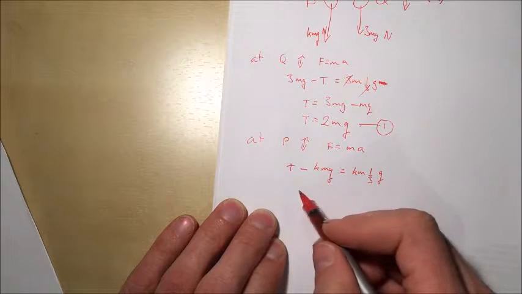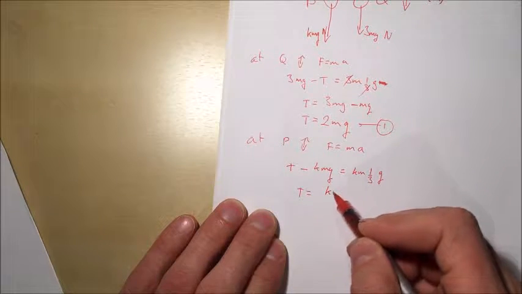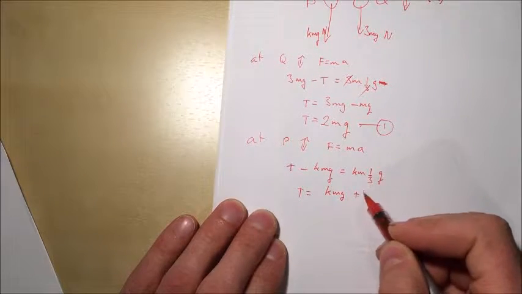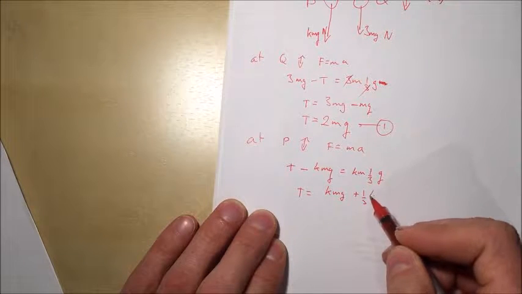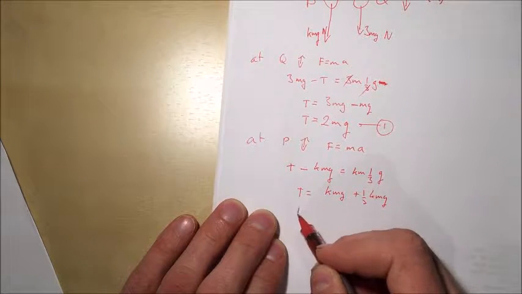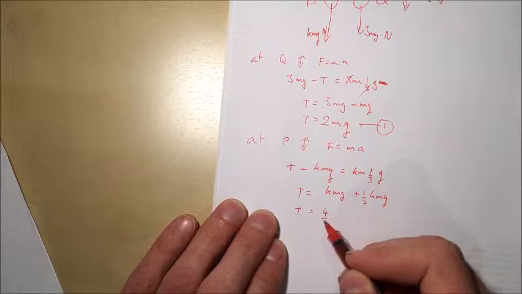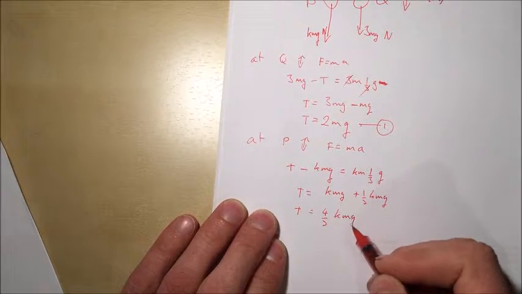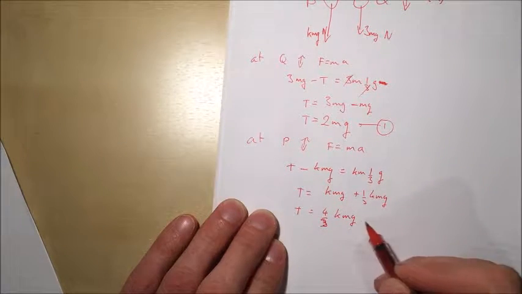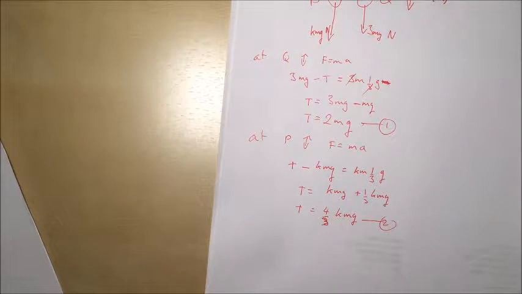So that is going to give me the tension equals kmg plus 1/3 kmg. So the tension is 4/3 kmg. And that's going to be my equation number 2.